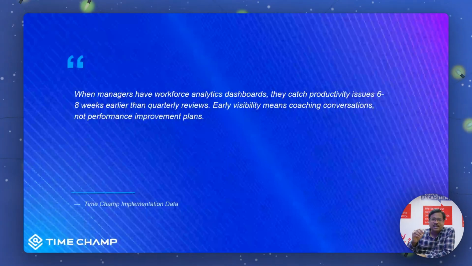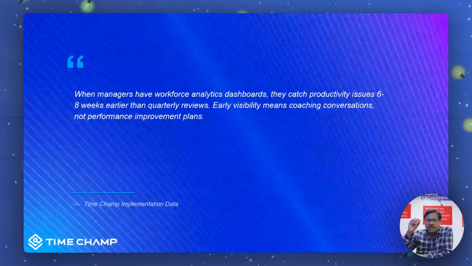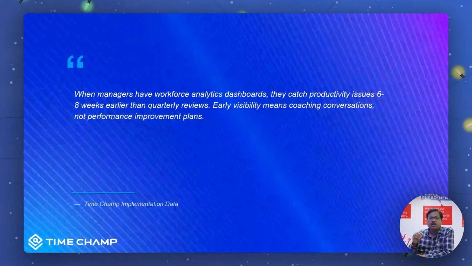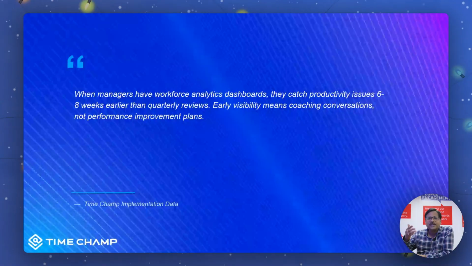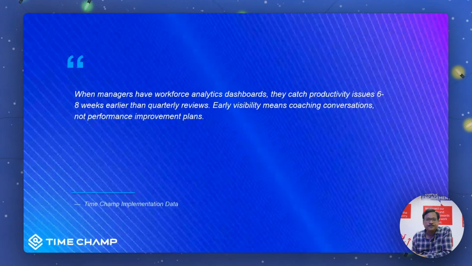That early visibility means interventions happen when they are still coaching conversations, not performance improvement plans. It means you can address workflow problems before they become budget problems. It means you can identify burnout before it becomes turnover.